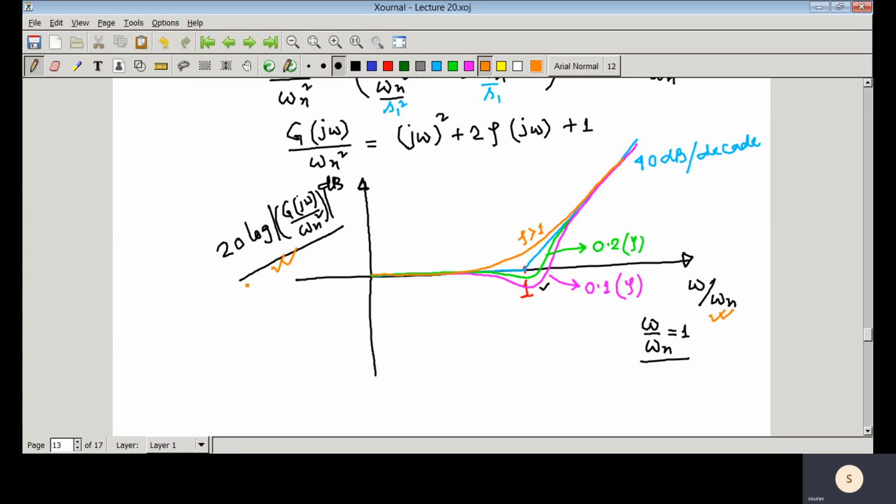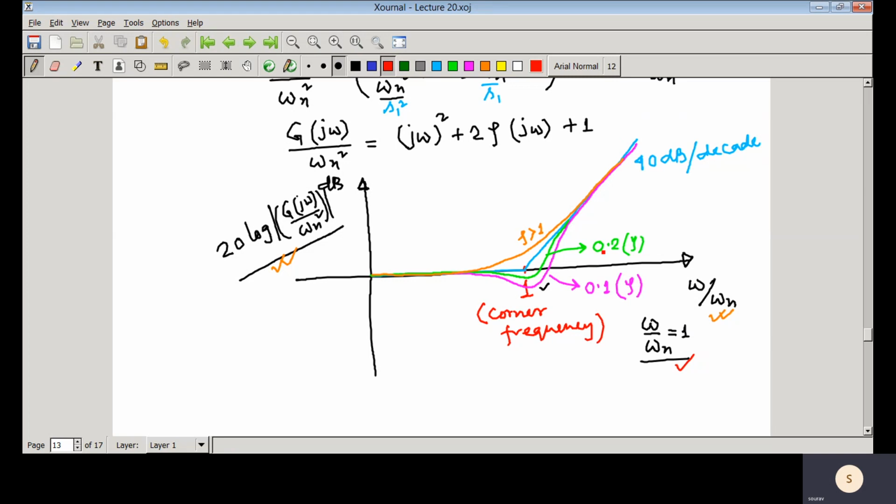So if we do like that, then the corner frequency would be equal to 1. Corner frequency is 1, and if we go for normal omega scale, log omega scale, then that corner frequency would be omega n. That thing we can see from this particular relationship.